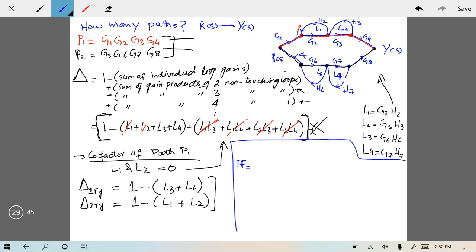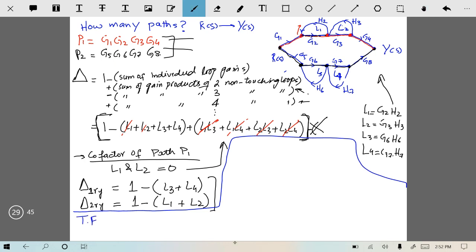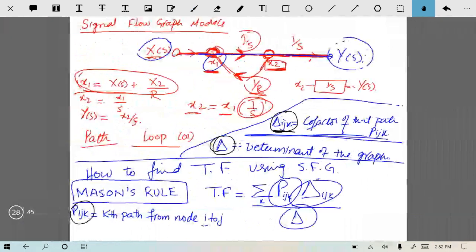I think space wouldn't be enough, so let me try to write the transfer function over here. The transfer function would be equal to, now what is in the numerator? Summation of Pijk and del ijk.